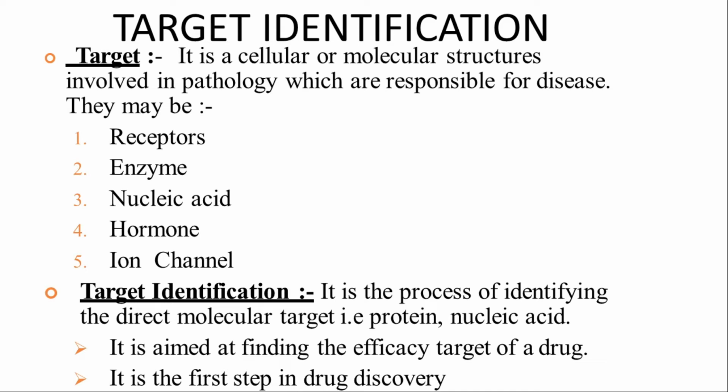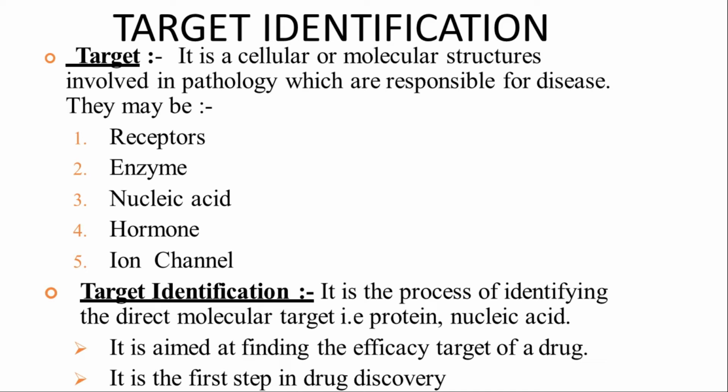Next is target identification. When you find the target, you have to justify that yes, the overall structure of the target is like that. It is the process of identifying the direct molecular target, that is, a protein or nucleic acid.